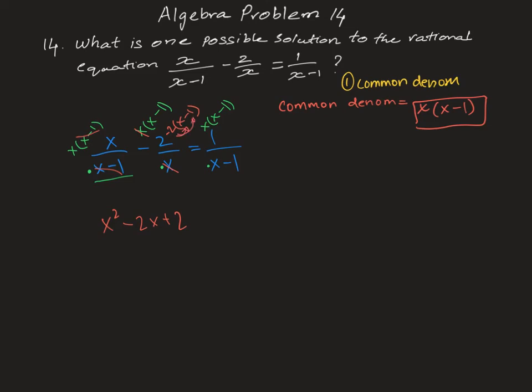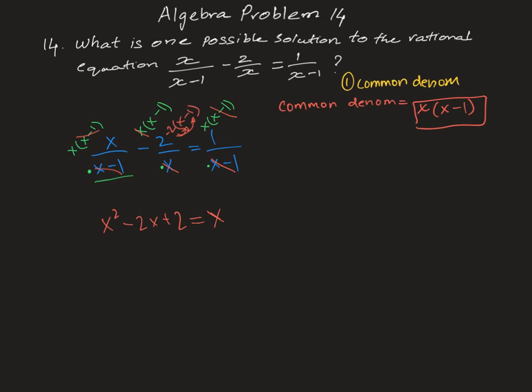And now we have our final one, which is just 1 over x minus 1, and we cancel it off, and this will become x times 1, which is just equal to x. So you've got to remember to keep the signs.